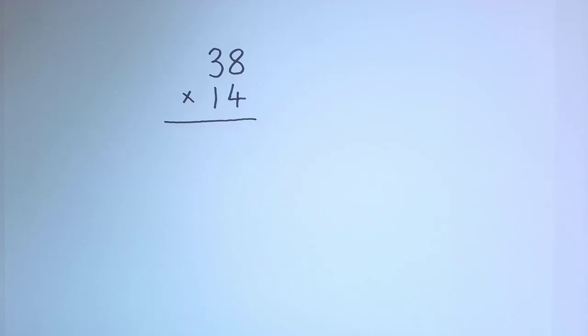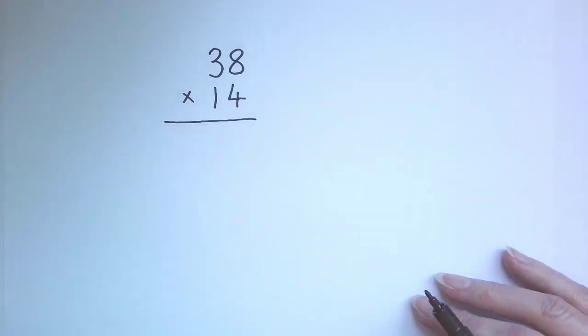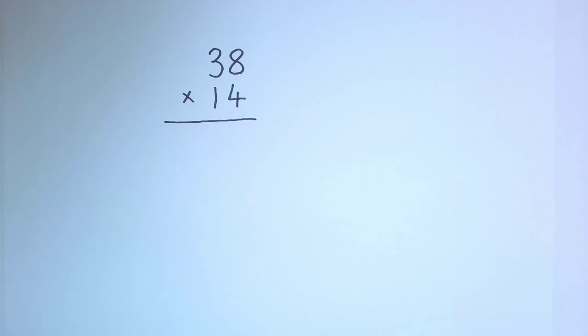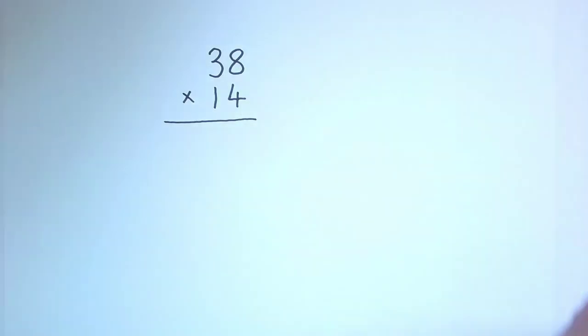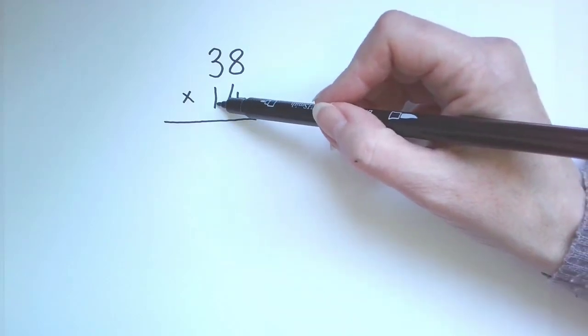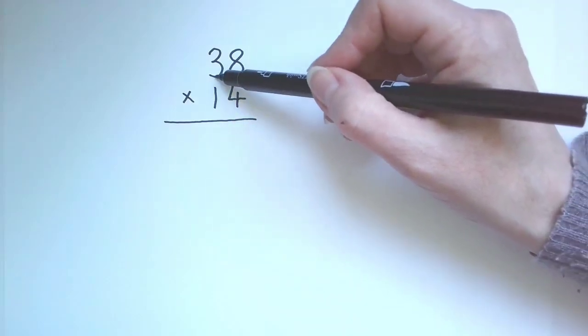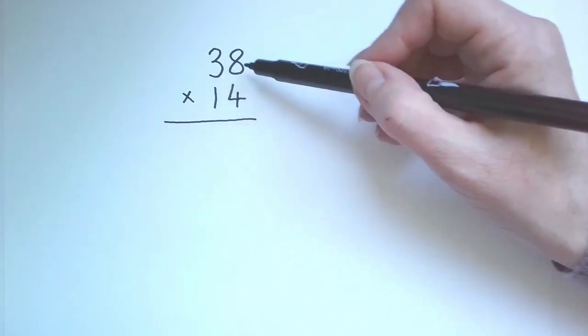So let's look at another example, but this time using the long multiplication method. And thinking about what we just learned using the manipulatives and the grid method. I've got 38 multiplied by 14, and we know that each of these two digits has to multiply every other digit in 38.